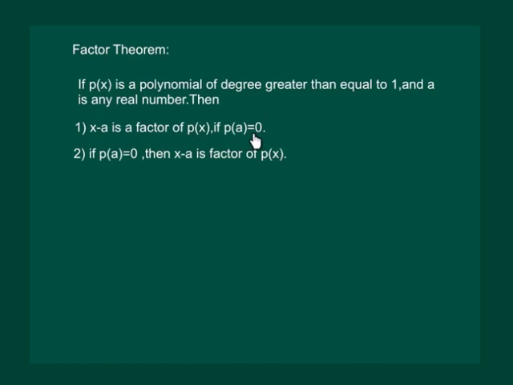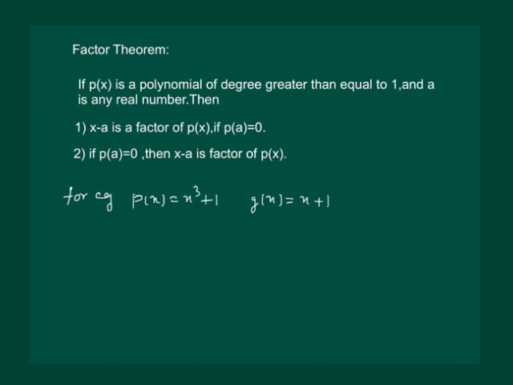P(a) is 0 means if on dividing p(x) by x minus a, remainder comes out to be 0, then we can say that x minus a is a factor of p(x).